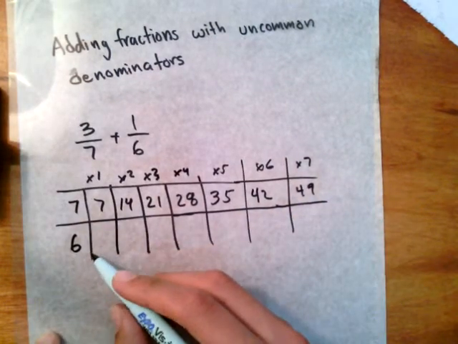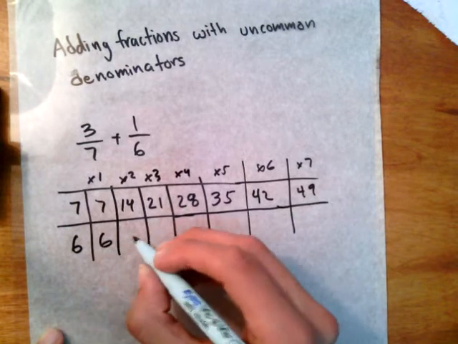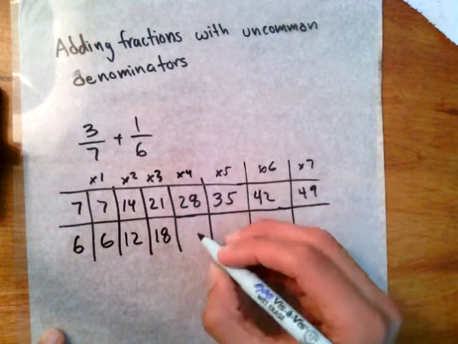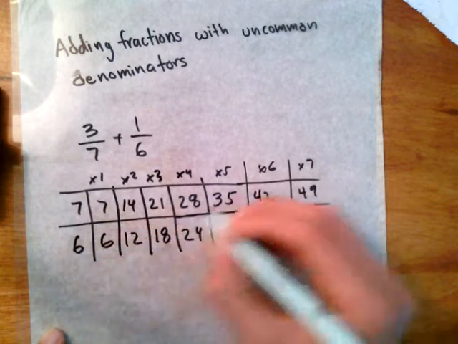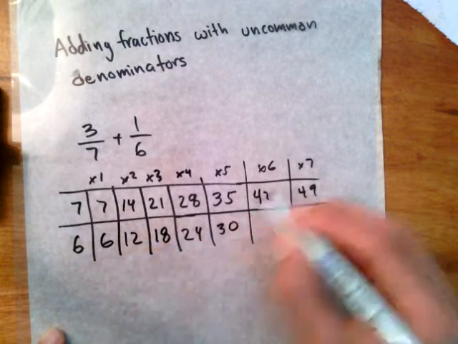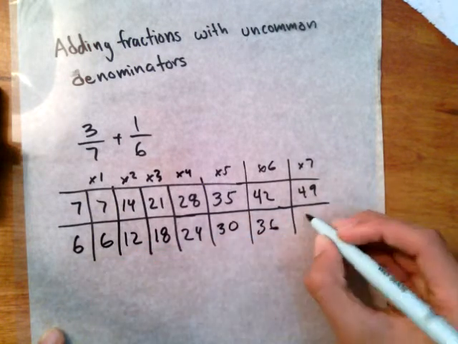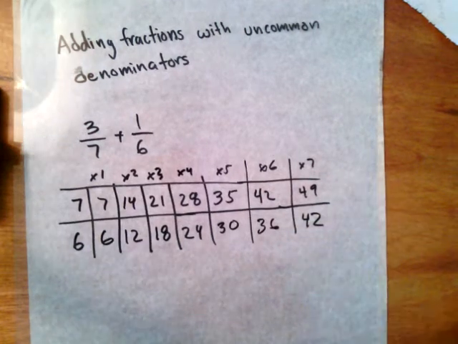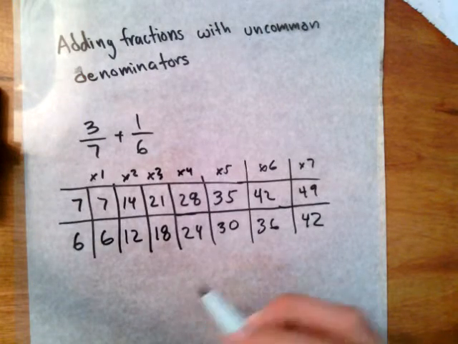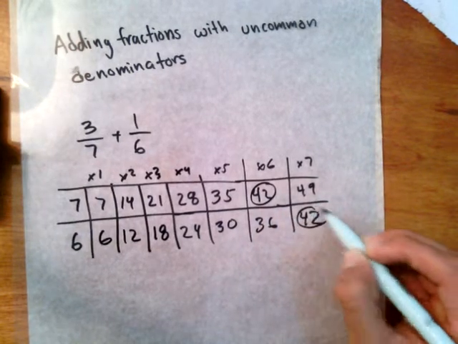Now we want to do the same thing for 6. 6 times 1 gives us 6, 6 times 2 gives us 12, 6 times 3 gives us 18, 6 times 4 gives us 24, 6 times 5 gives us 30, 6 times 6 gives us 36, and 6 times 7 gives us 42. Essentially what we want to do is list as many multiples until we find a multiple that is common between the two, namely the least common multiple. So in our case, we see that the least common multiple is 42.